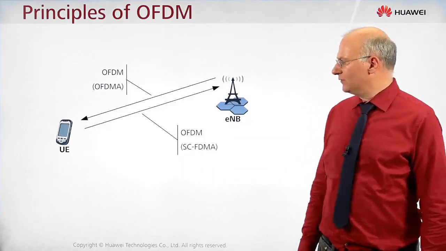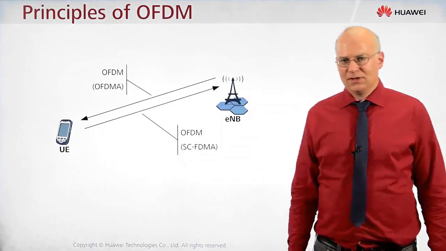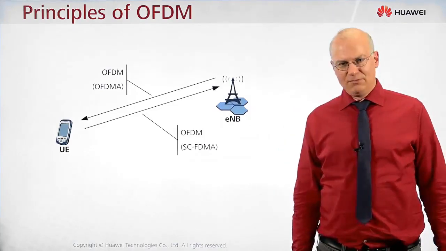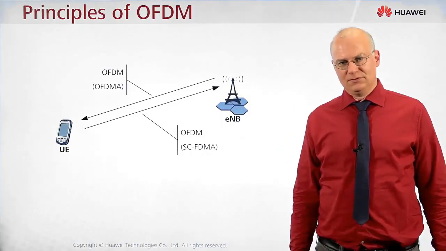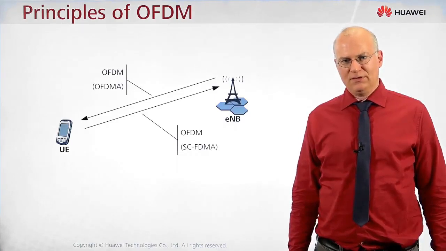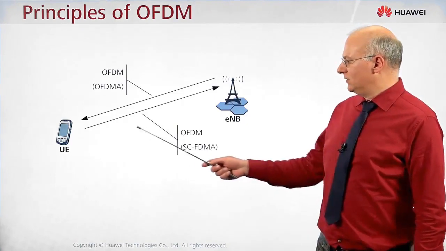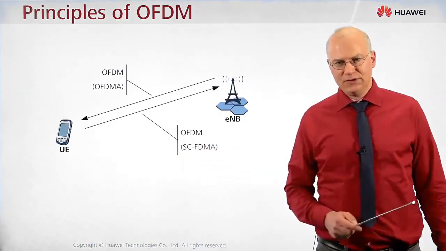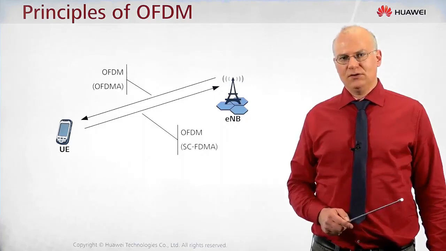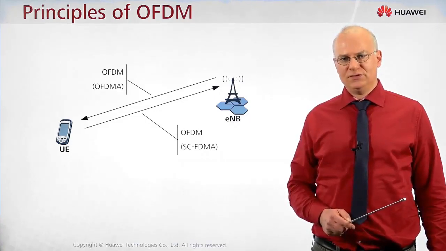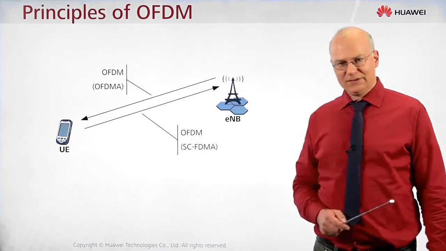The principle of OFDM is the same in the downlink and the uplink. There is one minor variation. In the downlink, we are using the pure orthogonal frequency division multiple access.